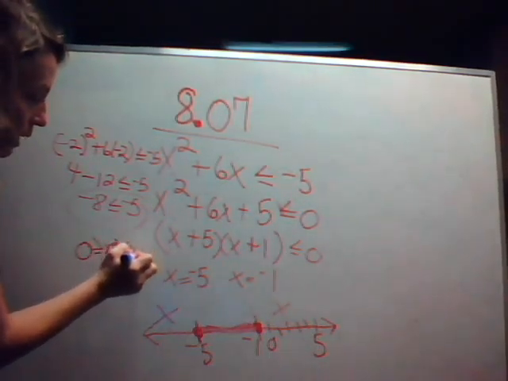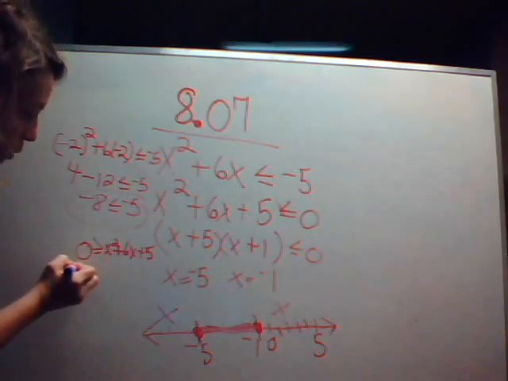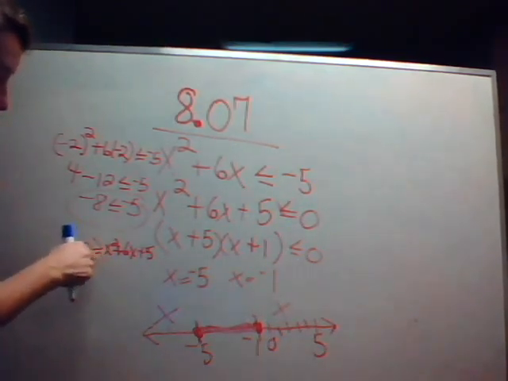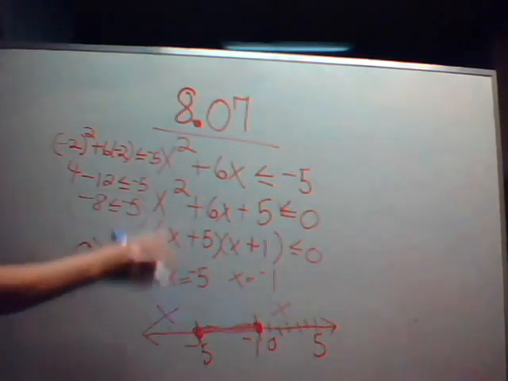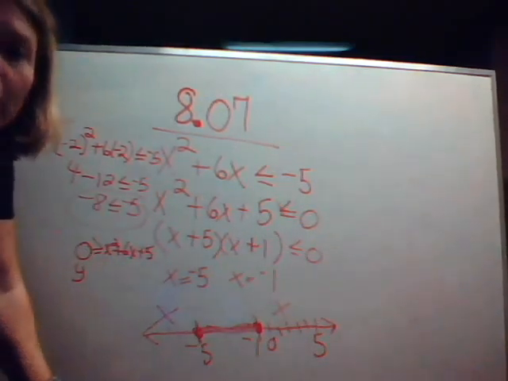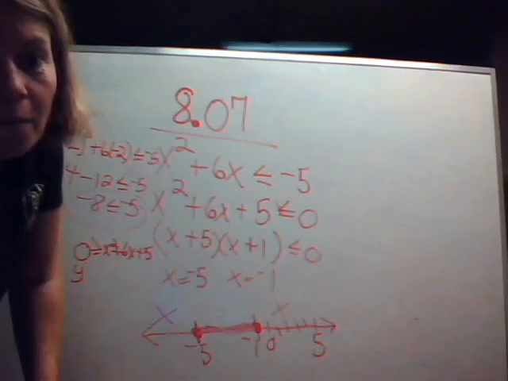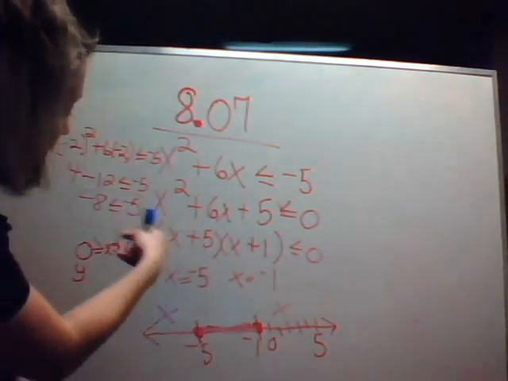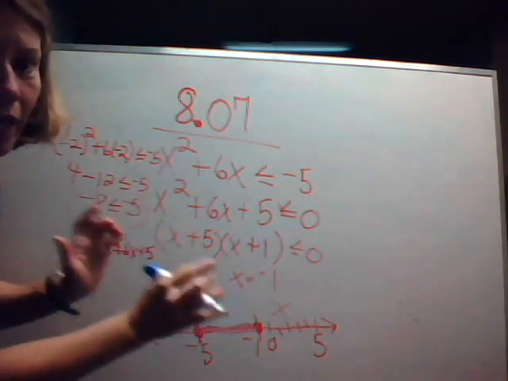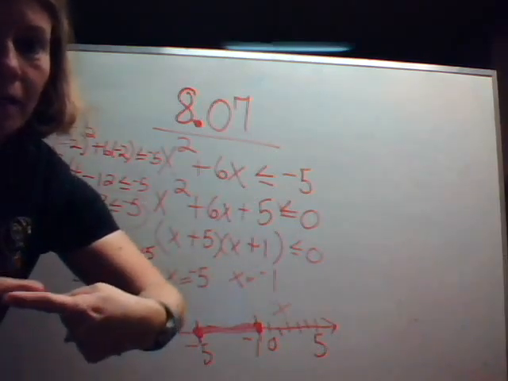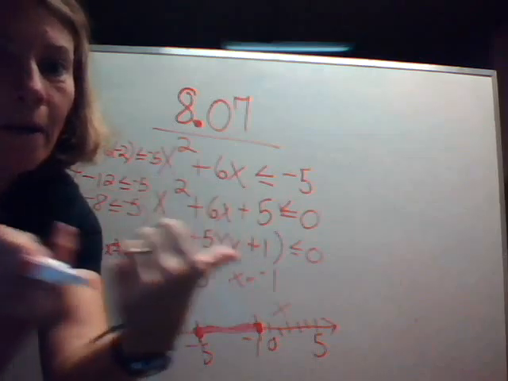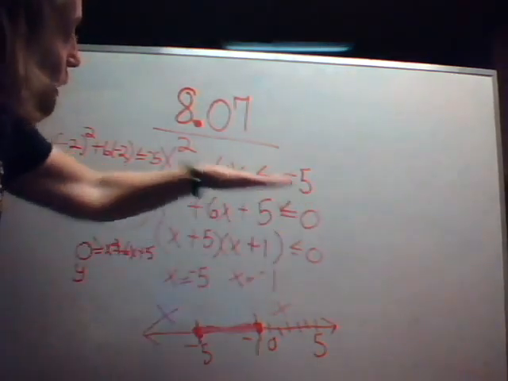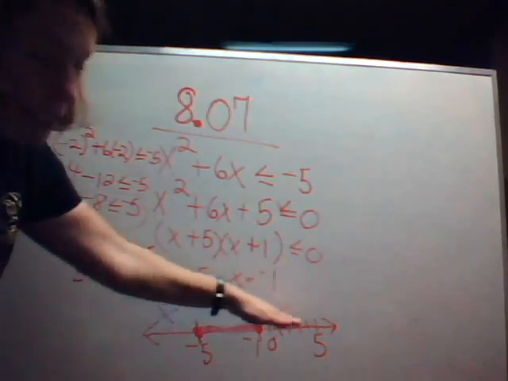So if I flipped my inequality around, so my y value was on the left, that would be an and problem, greater than, and that's why. So if you want to use the and or method, make sure you're looking at the y being on the left hand side. So you can do an and or. And being together, or being apart. Okay, so there's the first one where you're going to find your roots and then test it.